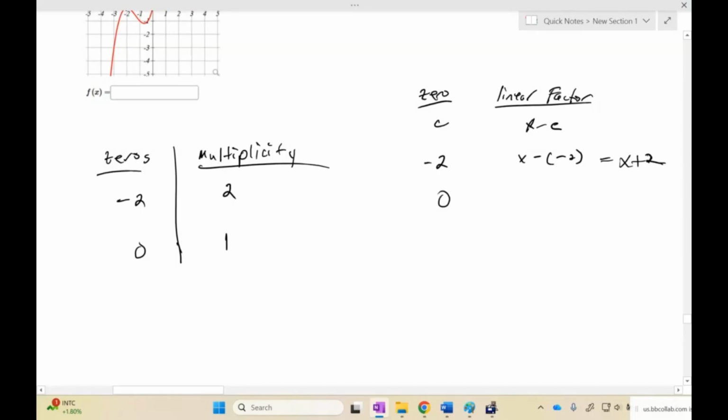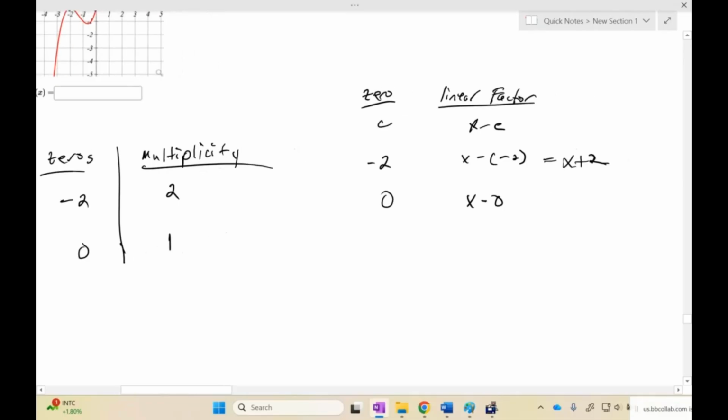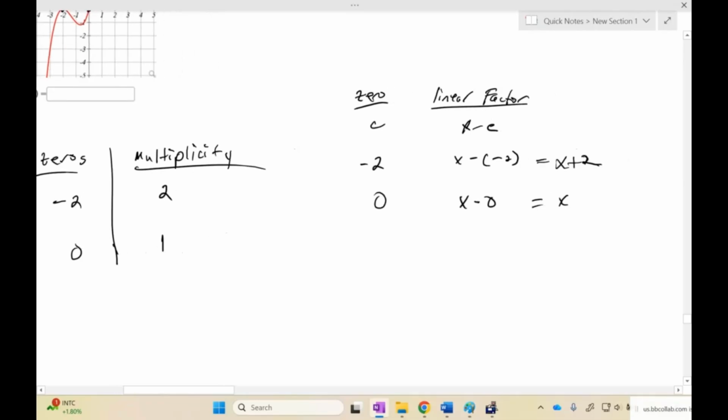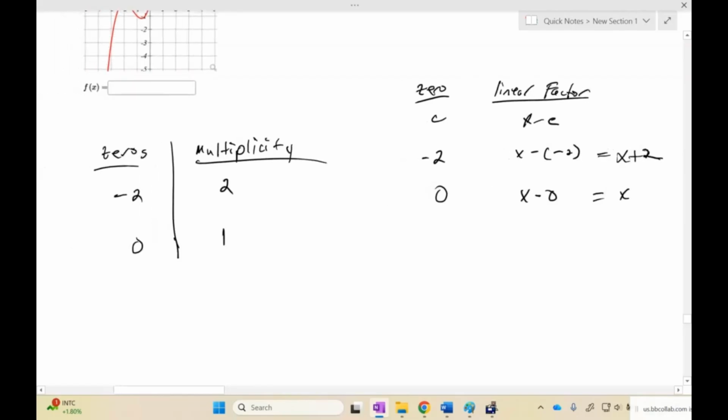What is 0 as a linear factor? Well, if I go up here to my linear factor conversion, it's x minus the 0, which is 0. And x minus 0 is what? X. Right. So my linear factor for -2 is x plus 2. The linear factor for 0 is x.